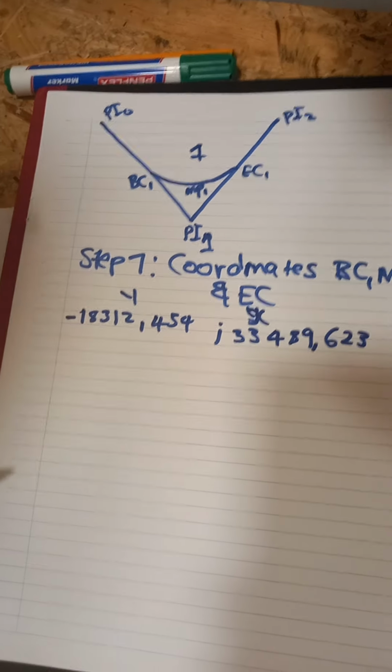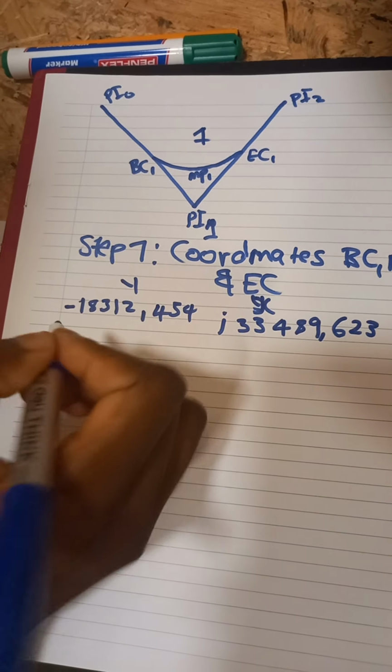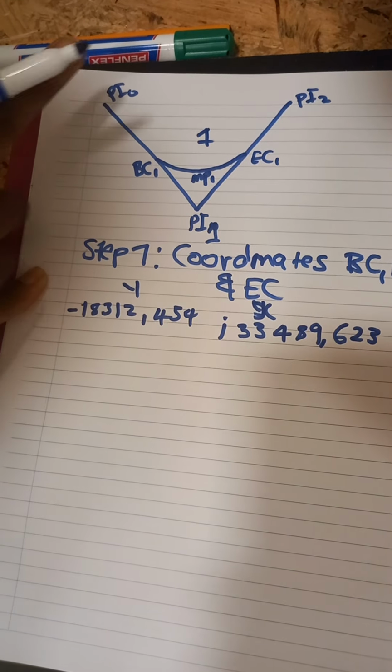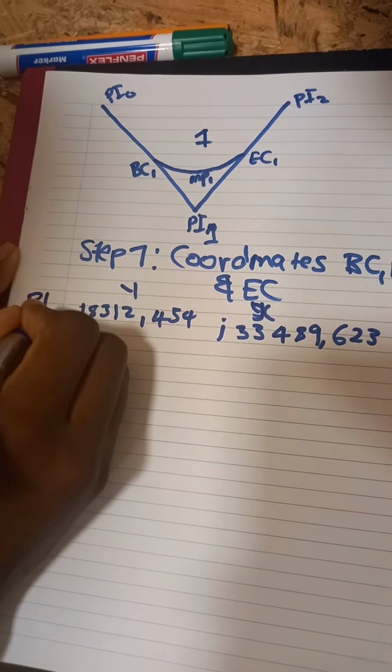In order to determine the coordinates, we need the coordinates of the reference point. In this case, our reference point is PI 0.